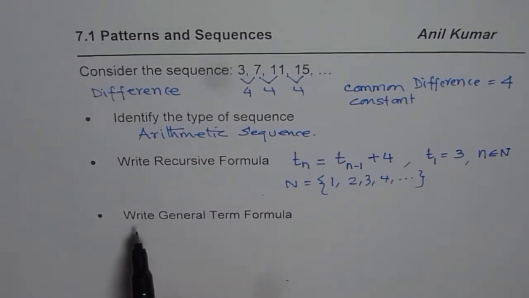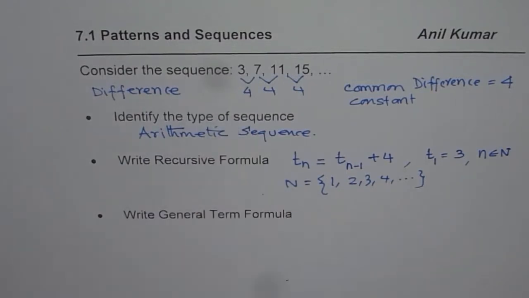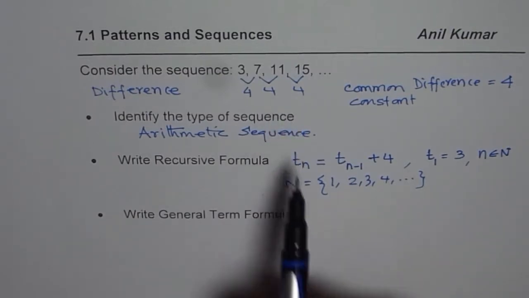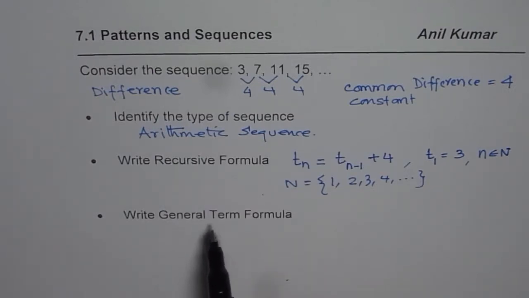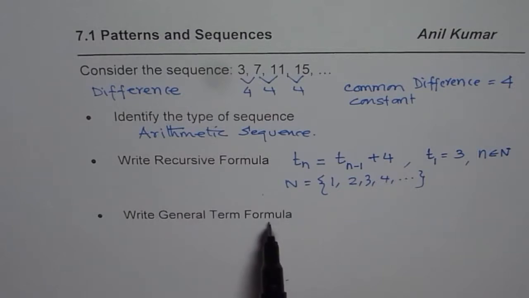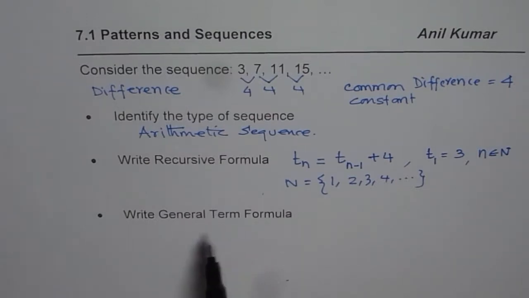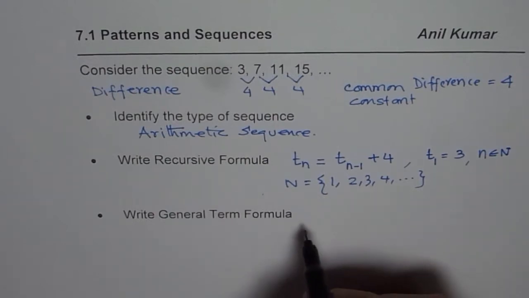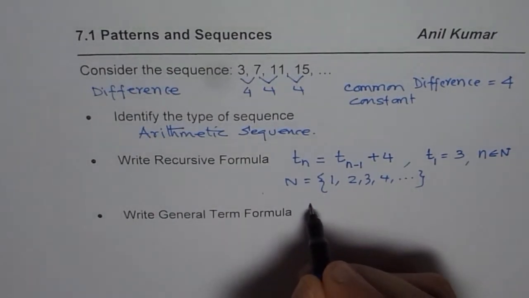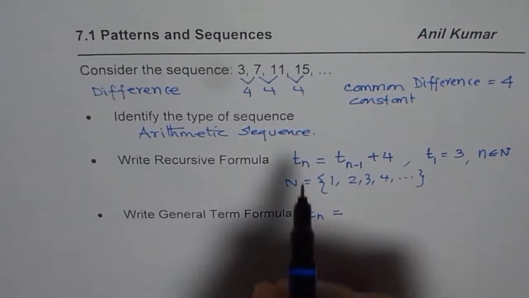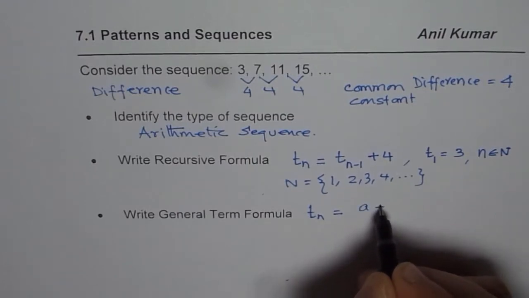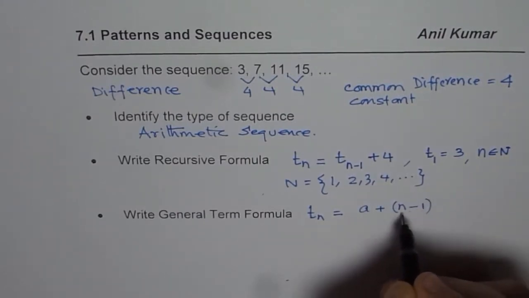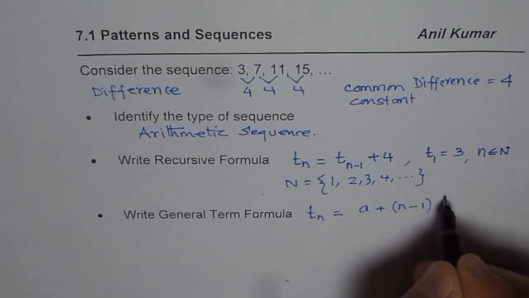Now, we have to write a general formula for this particular sequence. To get any term, we need the previous term when using the recursive formula. But if you know the general formula, then we do not need the previous term. So that's the beauty of general formula. We can write general formula Tn is equal to a, the first term, plus n minus 1, where n is the number of terms, times common difference.